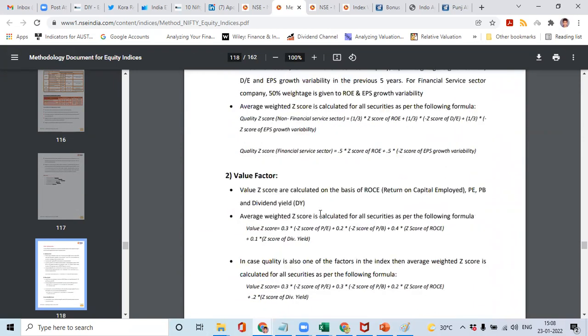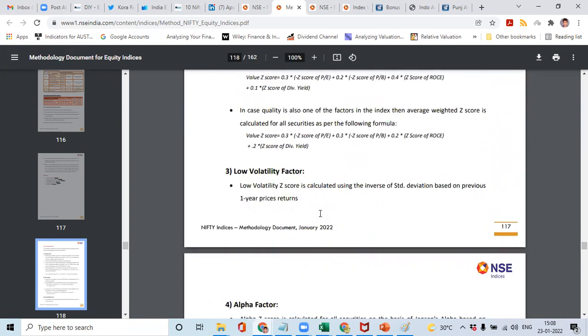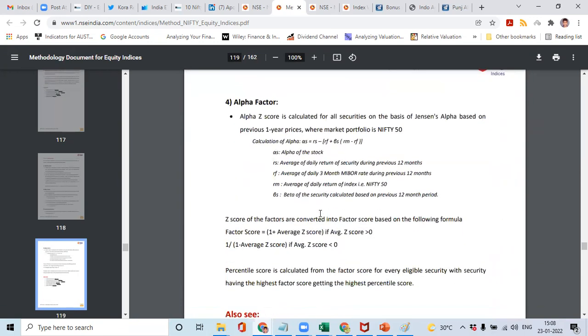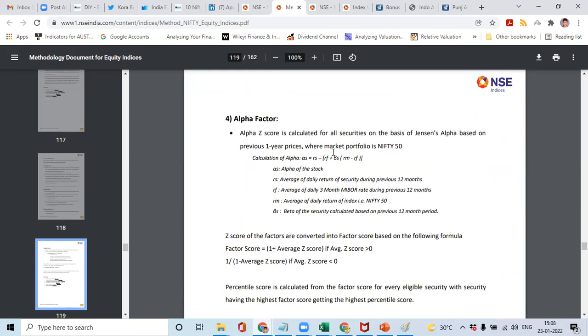Same as I described in the morning, right? Alpha is calculated as returns of the stock minus risk-free rate, minus beta into market returns minus risk-free returns. If risk-free rate is set to 0, it simply becomes returns of the stock minus beta into market returns.